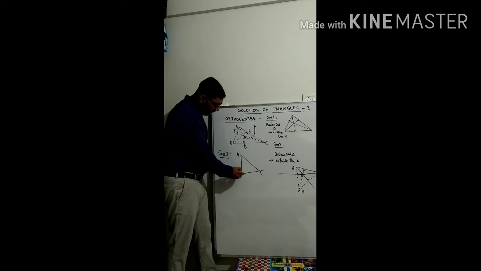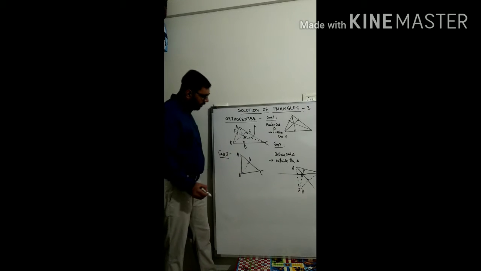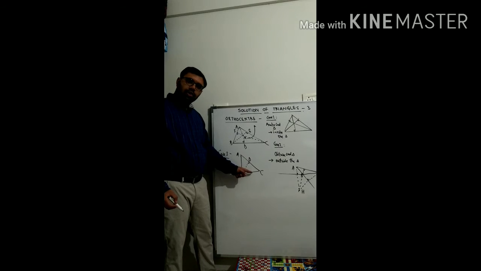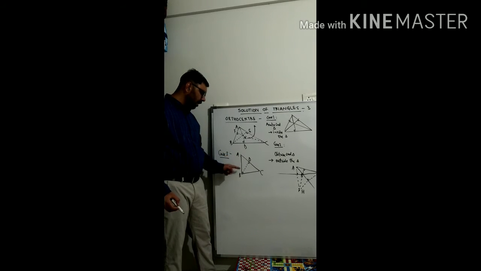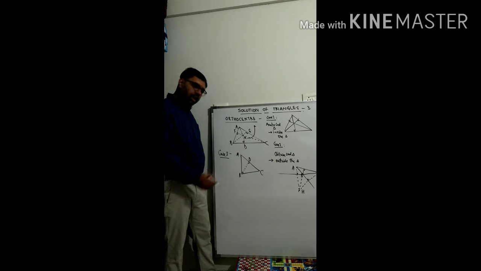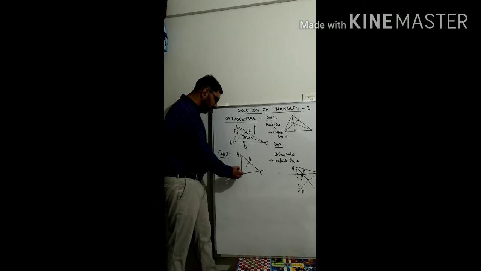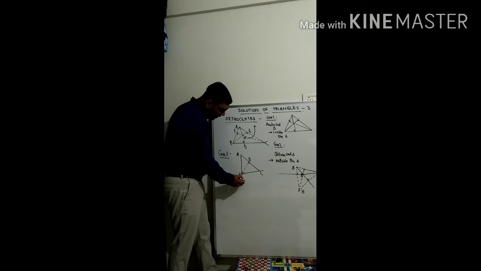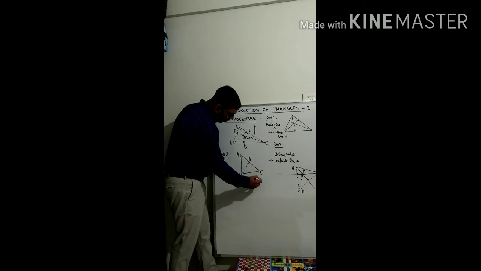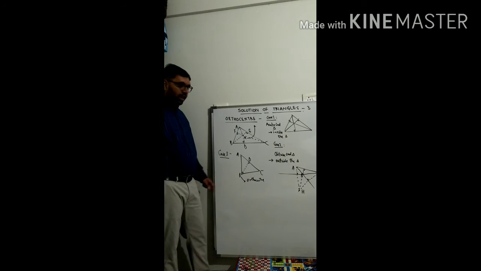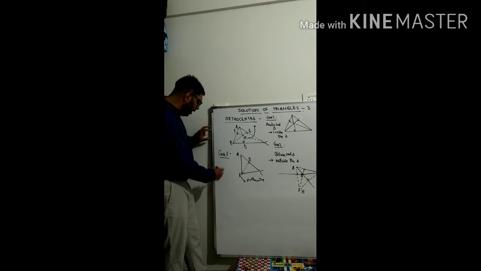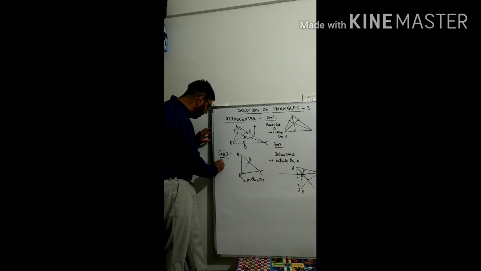And if I draw the altitude from B, I take the altitude as BD. So these three are the altitudes of this triangle. From A to BC I have AB, from C to AB I have CB, and from B to AC I have BD. We can see that these three altitudes meet at the point B, which means in the case of a right angle triangle, B is the orthocenter.